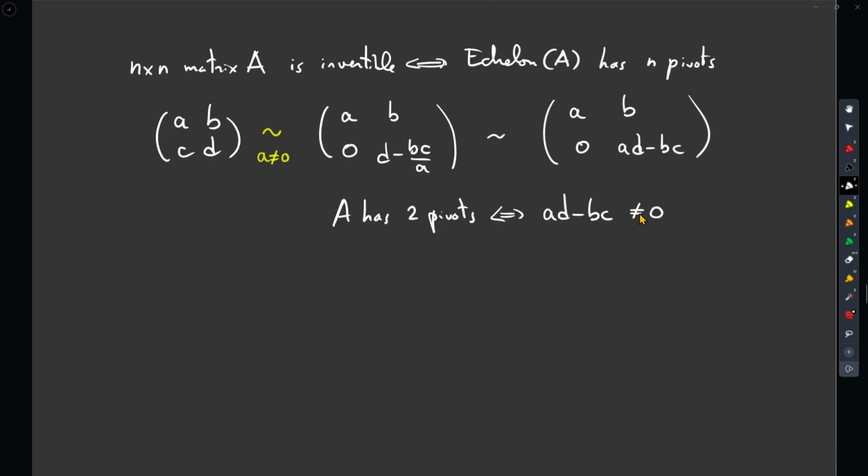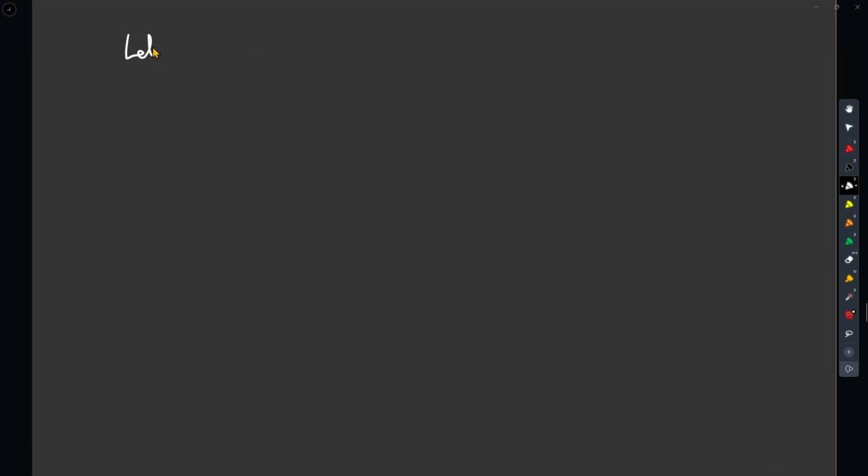So let's try the same thing, but in the 3 by 3 case. I'm going to try to row reduce a 3 by 3 matrix to the identity and see what that tells me about pivots. I start with A, B, C, D, E, F, G, H, I, and I'm going to try to reduce it to the identity.